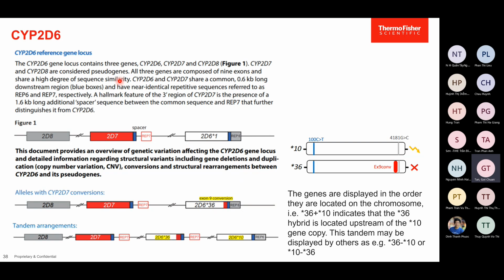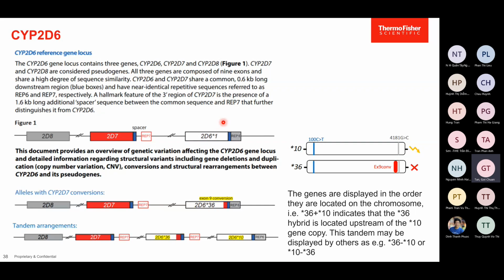They will not be transcribed and translated into a protein. So these three genes are composed of 9 exons. You can see here 2D6, 2D7, and 2D8, 9 exons. And they also share a common 0.6 kb long downstream region. This blue box, CYP2D6 and CYP2D7.